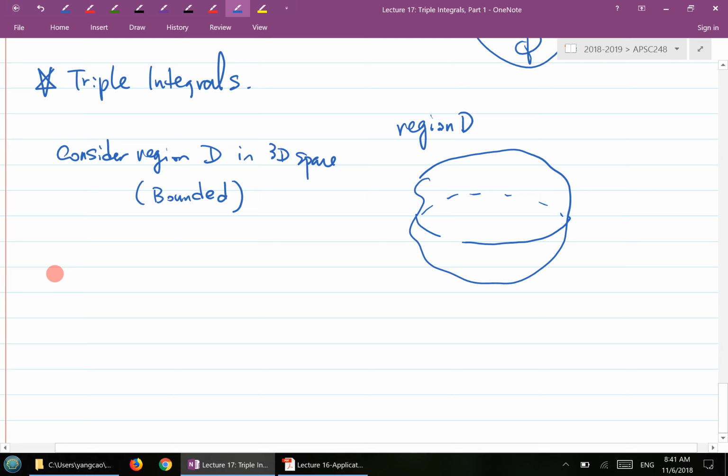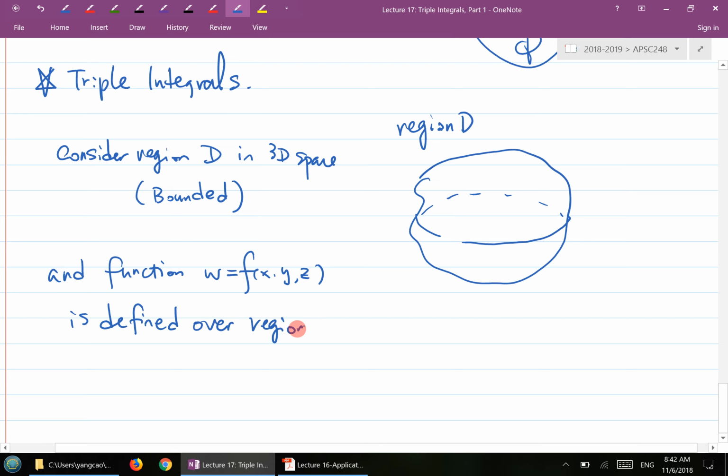And then we have another thing to consider. Also consider there's a function. This function is f of x, y, z, and this function is defined over region D. So this is a purely mathematical description.